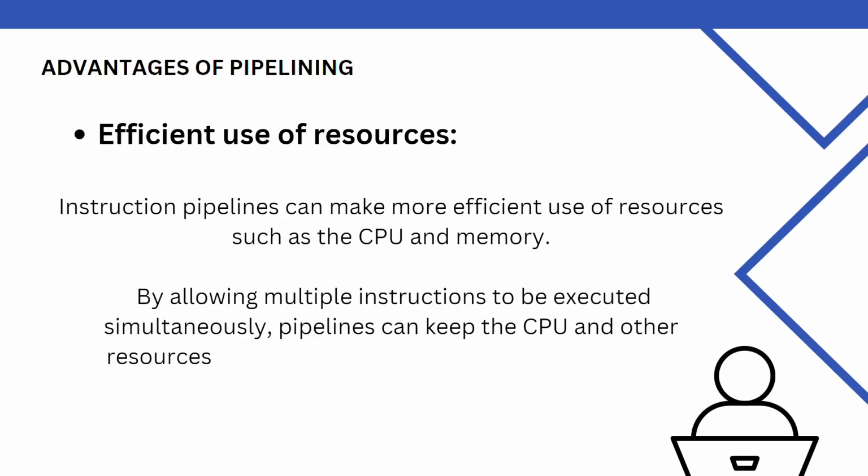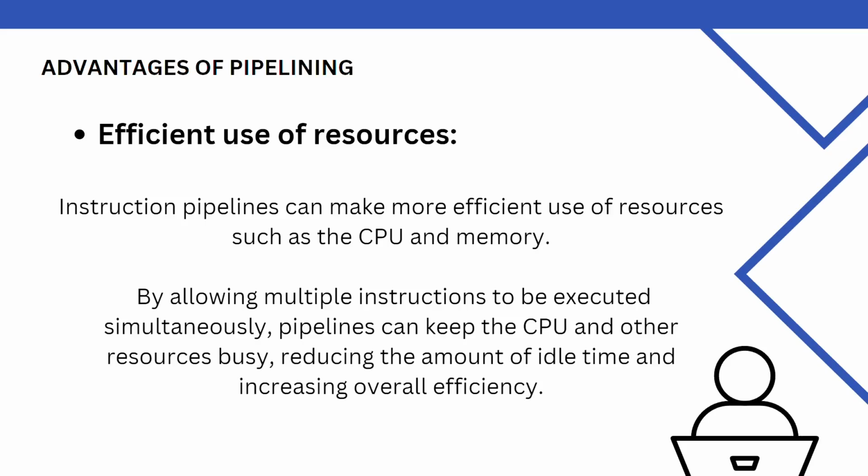The next advantage is efficient use of resources. Instruction pipelines can make more efficient use of resources such as the CPU and memory. By allowing multiple instructions to be executed simultaneously, pipelines can keep the CPU and other resources busy, reducing the amount of idle time and increasing overall efficiency.